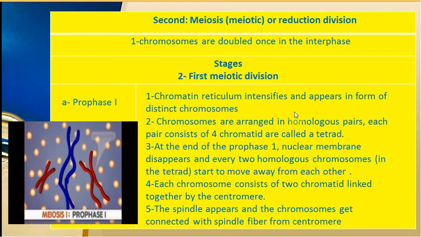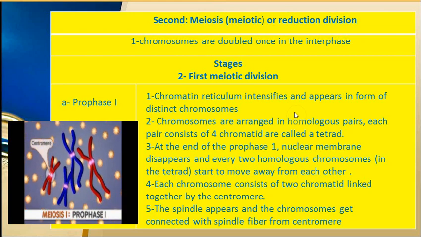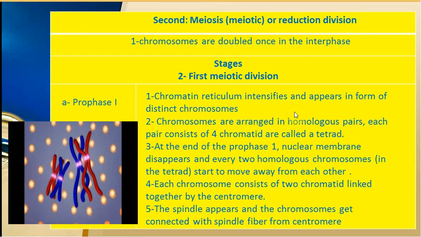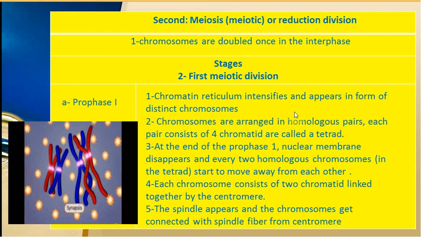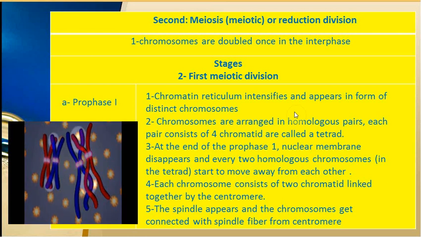In the following video, you will see that chromosomes are arranged, as you see here, in the form of homologous pairs. Each two chromosomes are arranged together to form a tetrad. And then the important thing happening in this case is the crossing over phenomenon.